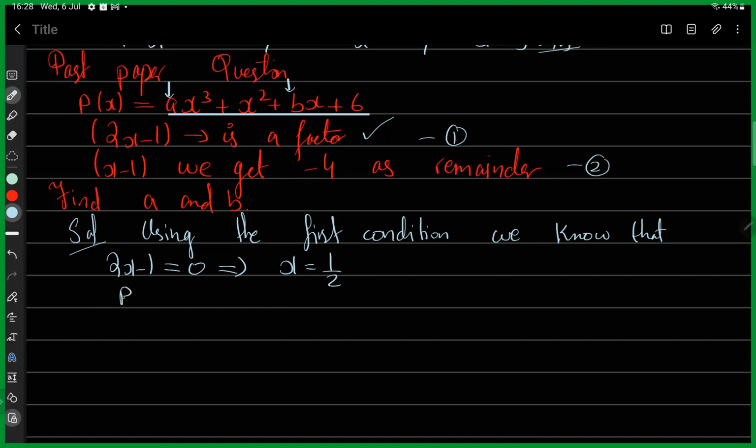So basically, p of 1 by 2 should give you 0. So let's just use this condition.